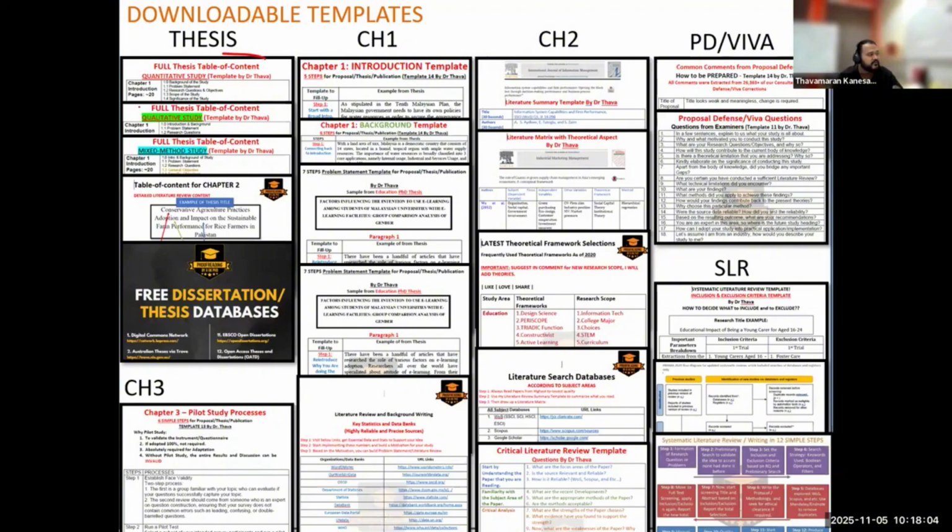This is the full thesis table of content across different methodologies, and the table of content for chapter 2. The free thesis templates tell you where you can download free thesis samples from, so that you can look at them and know how you're supposed to write.